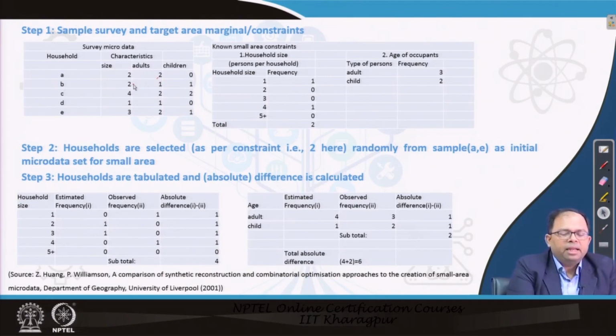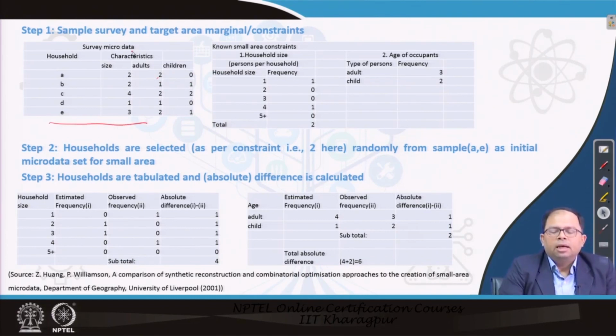Sample B is of size 2, with 1 adult and 1 child, and so onward. So, this is the survey microdata or my disaggregate data. Then these are the control totals for that particular target area. So, we know that for the small area, the targets or constraints, we can call them marginals, targets, constraints.